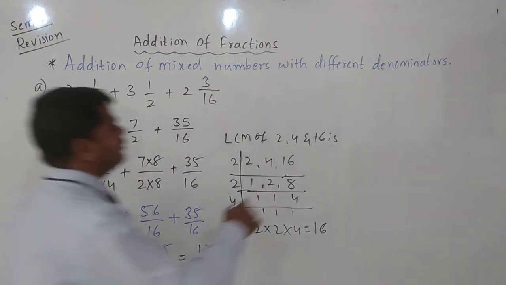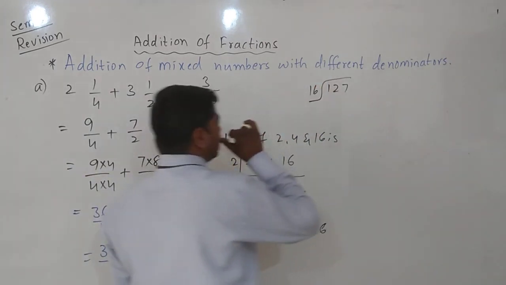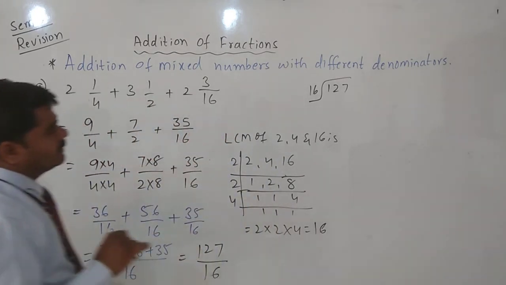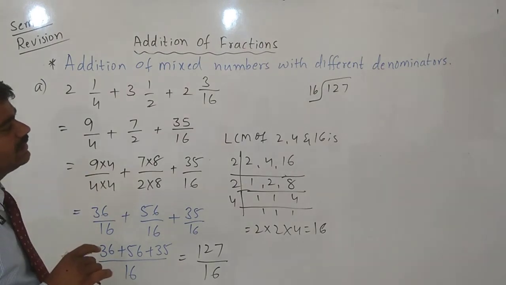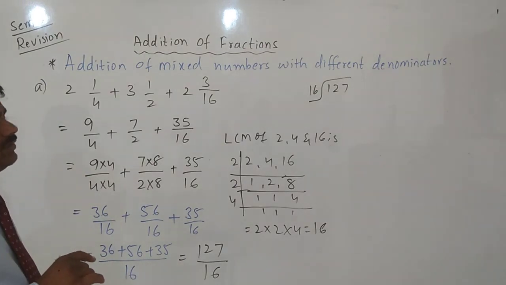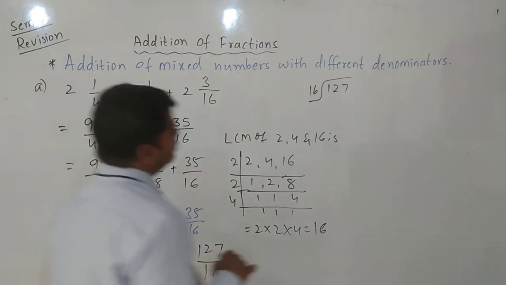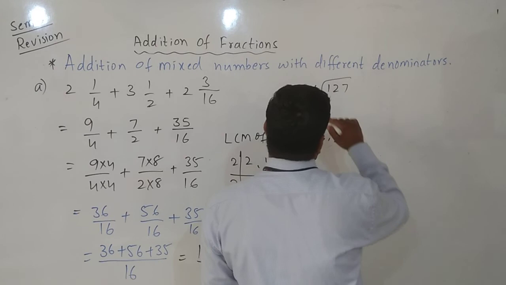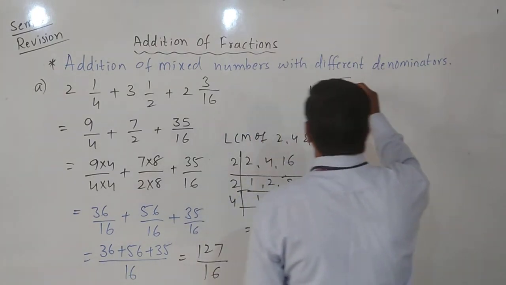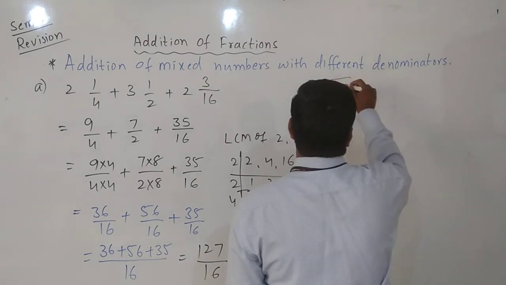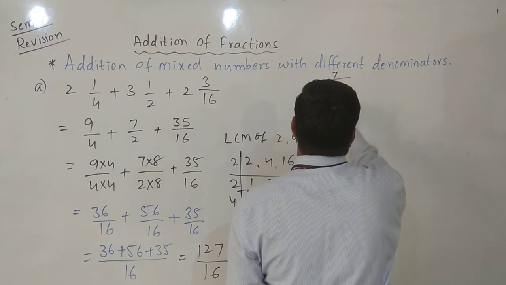Divide this 127 by 16. 16 8s are, it's not possible. 16 7s are 112.